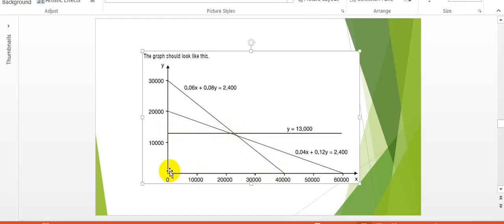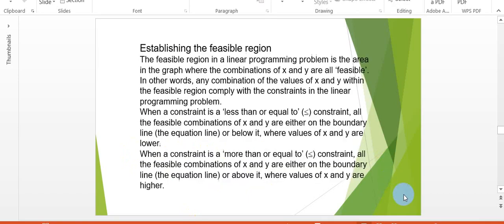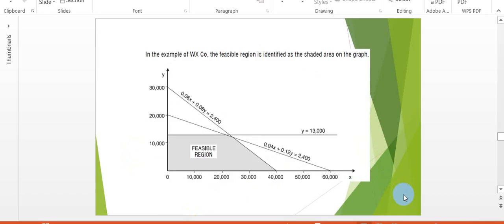So you simply label the boundaries of these constraints with some letters of your choice. So that's our feasible region.